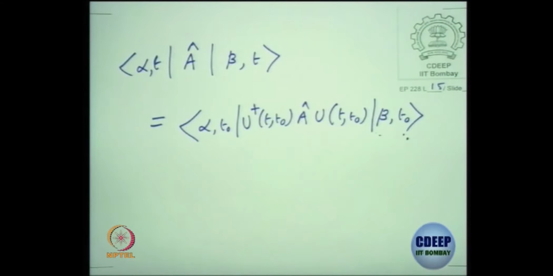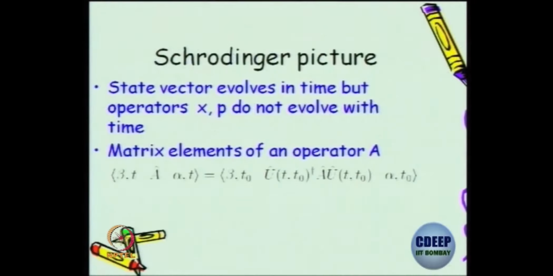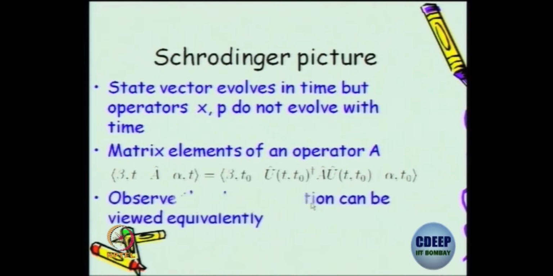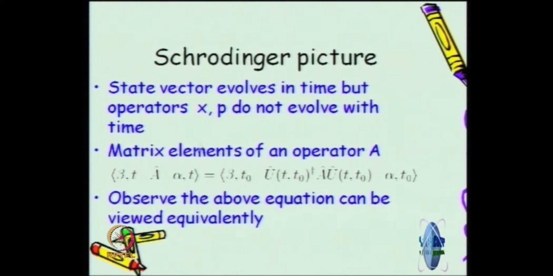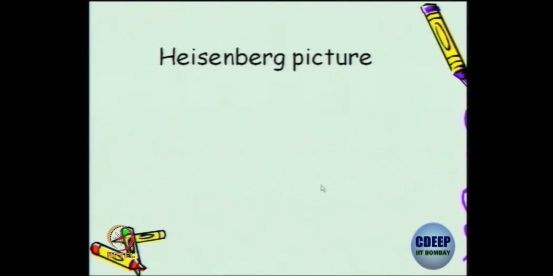So that is what is being done. So this kind of gives us an indication that you can equivalently view the above equation in a different picture. That different picture is called the Heisenberg picture.